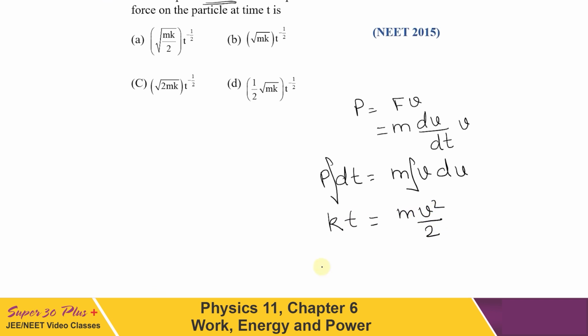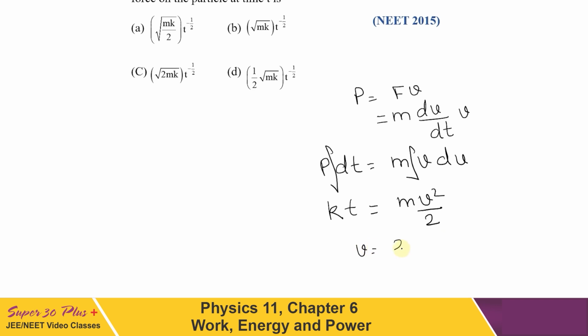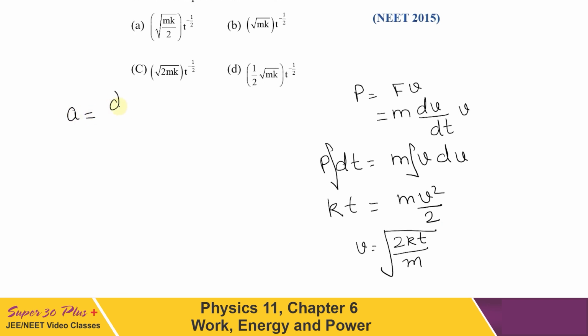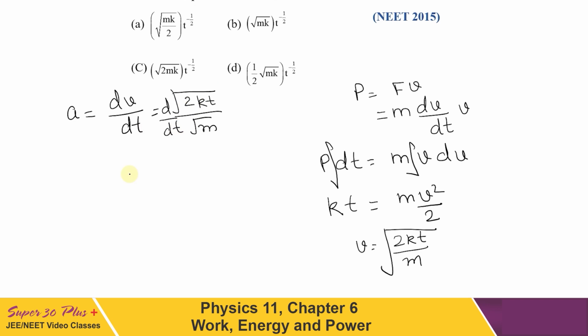From here we got the value of v to be under root 2 kt upon m. This is the value of v, and we have to calculate force. So for force, first acceleration is needed, that is dv by dt. Differentiate the expression we got, root under 2 kt upon m. Root under 2k by m is a constant, so let us write it outside.